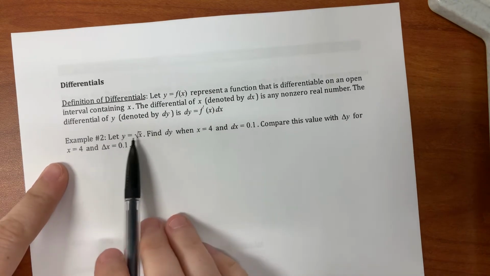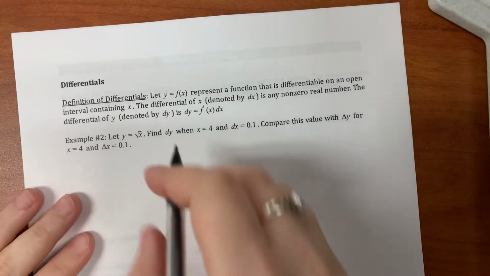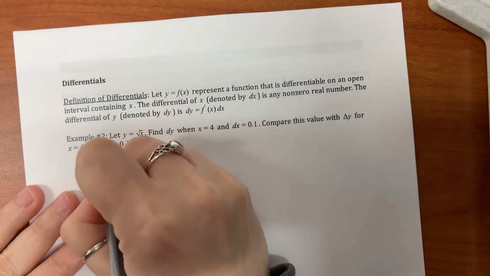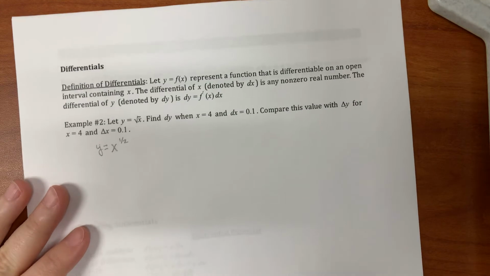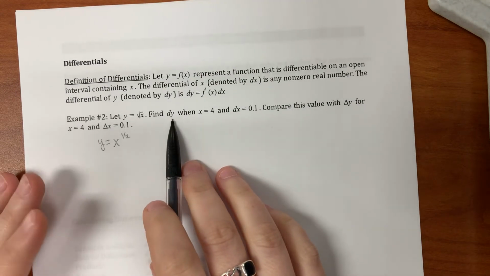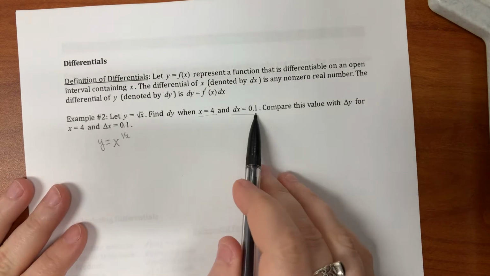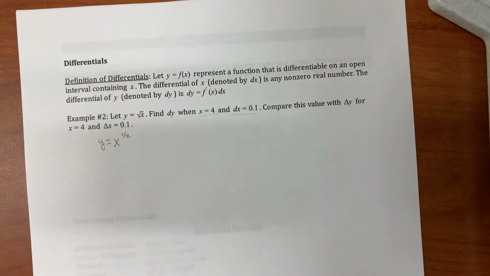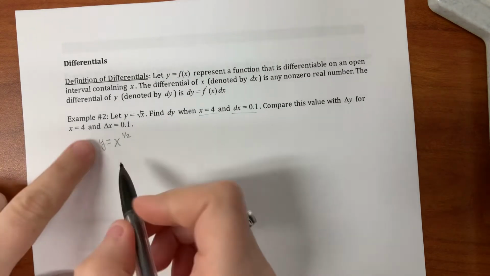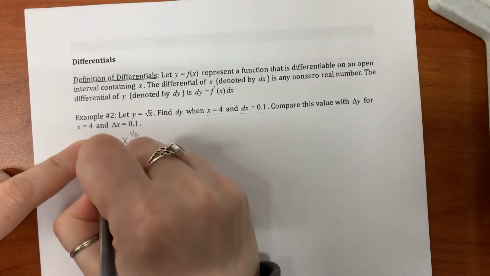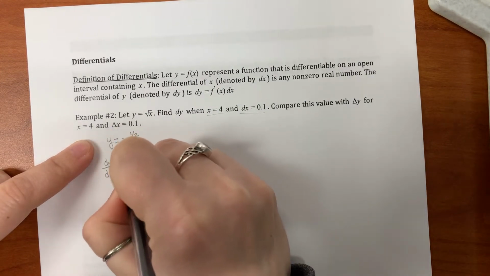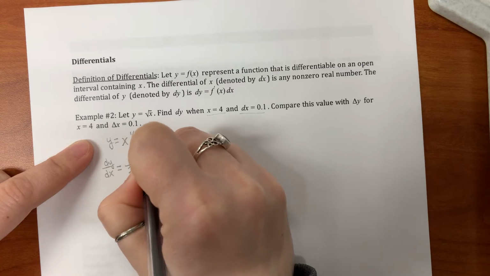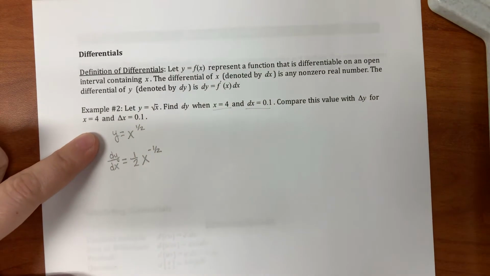So this one says let y equal the square root of x. So that means y equals x to the 1/2. I'm going to rewrite that. They want me to find dy, okay? And they gave me some values, so I'm going to use those to my advantage. So when I do the derivative of this, I get dy dx equals 1/2 x to the negative 1/2 if I subtract 1, right?